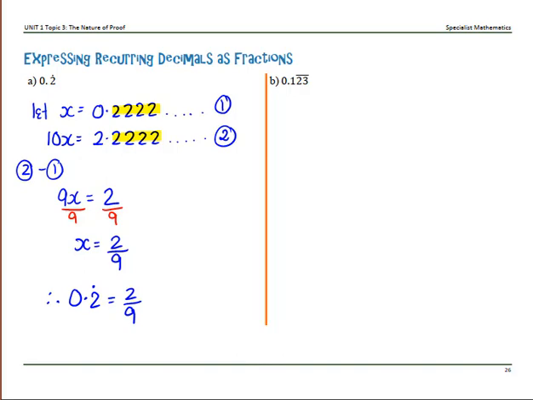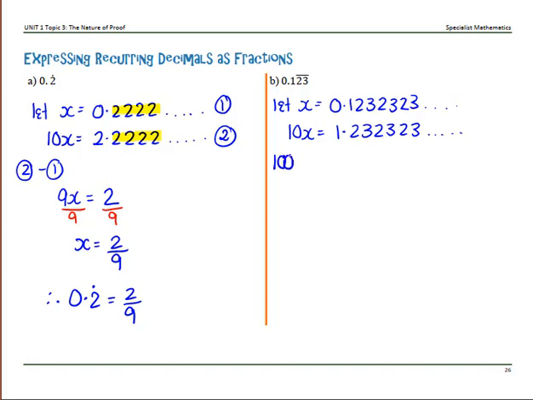Okay, 0.123 recurring. Let x equal 0.1232323. 10x would be 1.232323. Now, if we subtracted these, we'd still have a decimal because our decimals aren't matching. We need to be able to match our decimals.